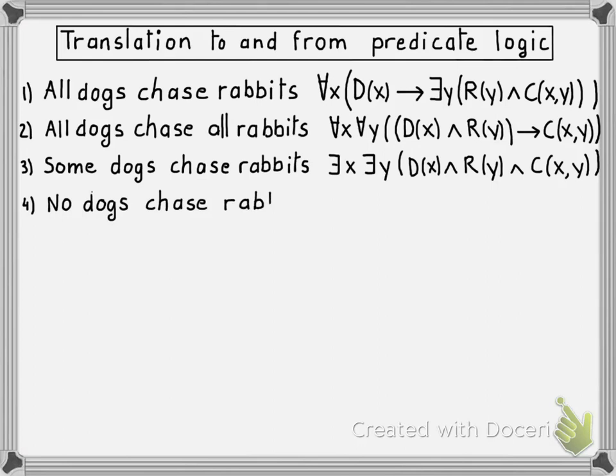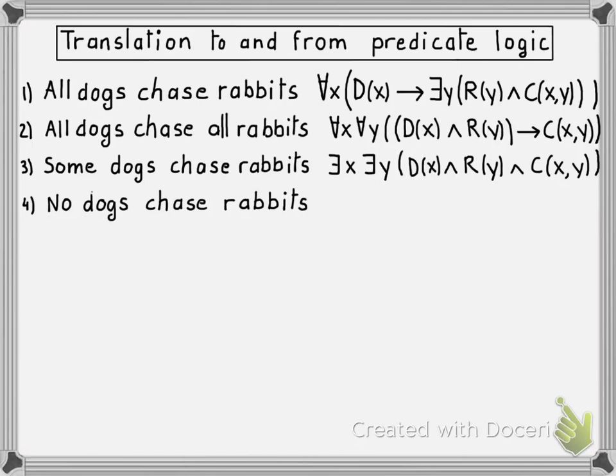It says, no dogs chase rabbits. Now, what would be the smartest way to go ahead and translate this into logic? I'll let you think about that for a minute. Well, it turns out, and make sure you are convinced of that, sentence 4 is the negation of sentence 3.